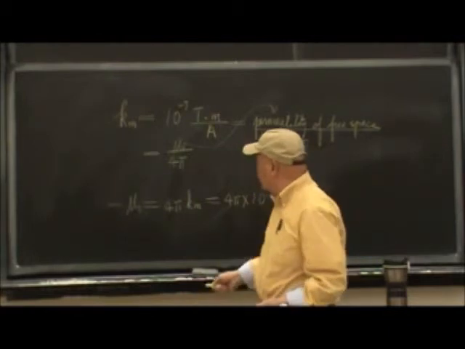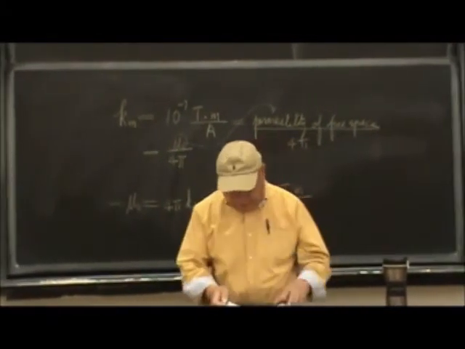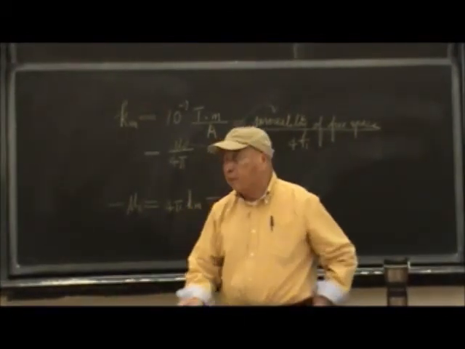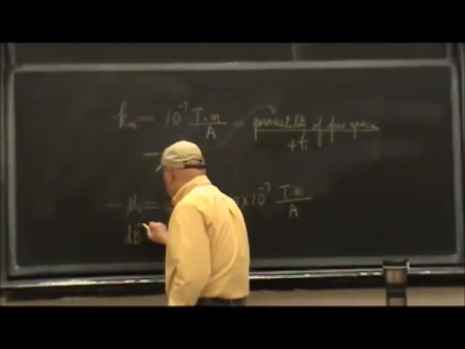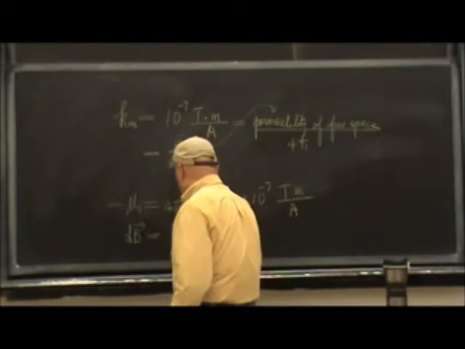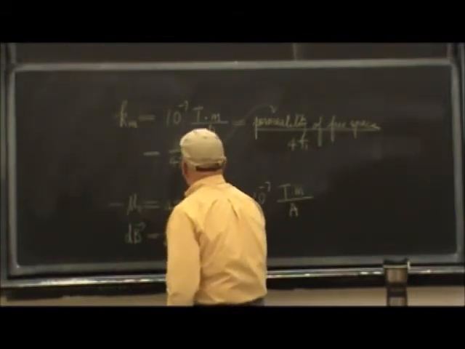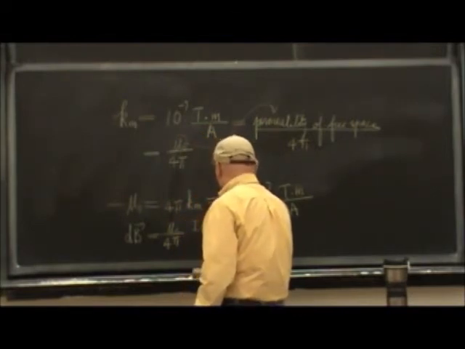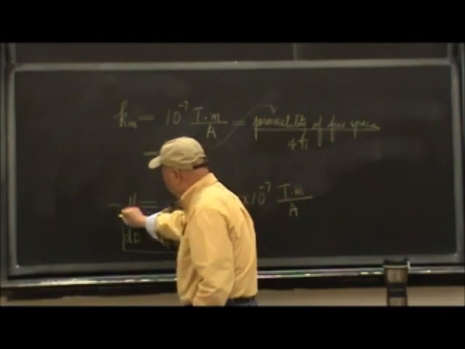Because of this relationship with mu sub 0, we like to write it in a different way for dB. So dB is equal to mu sub 0 divided by 4 pi times I ds cross r divided by r squared. So this is the final form.